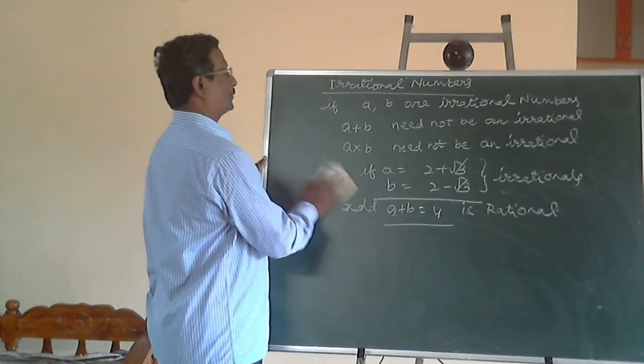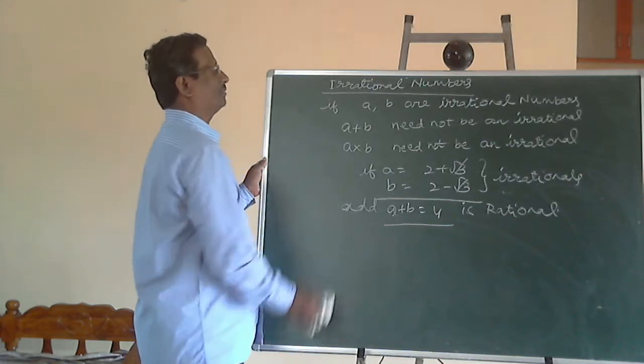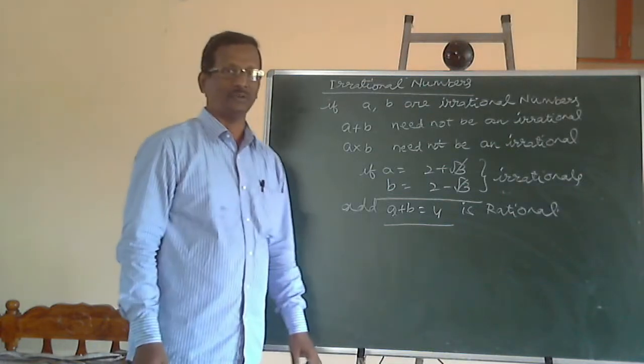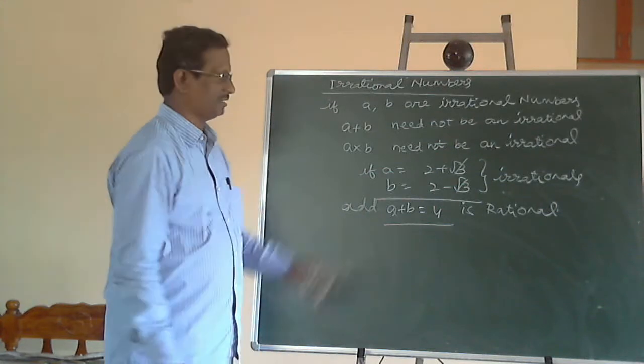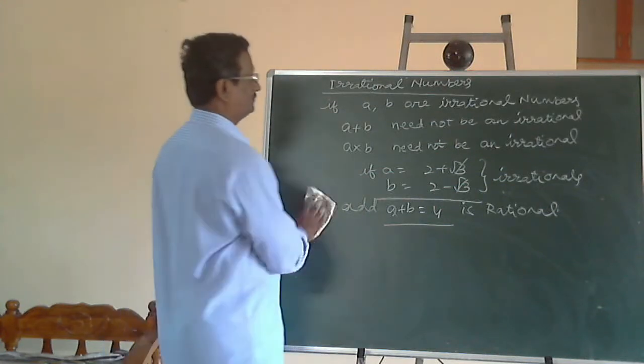Similarly, the product of two irrational numbers, sometimes irrational, sometimes rational. An example we will take.